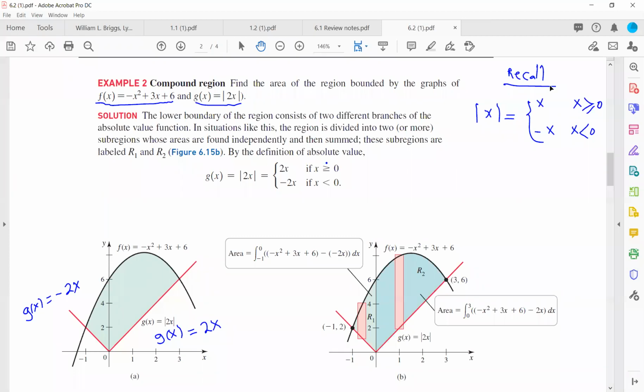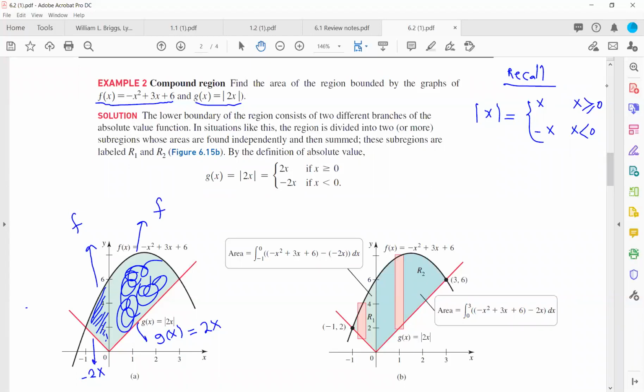So, as you can see, on the left-hand side of the y-axis, you have this region bounded between function f and negative 2x. On the right-hand side, you have another region bounded between function f and 2x. So we have to separate the integral.